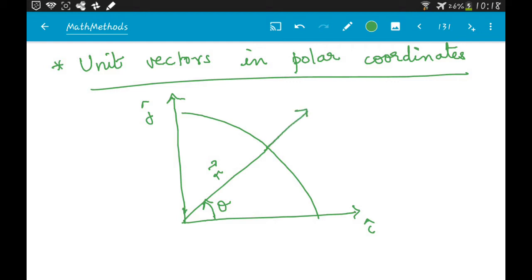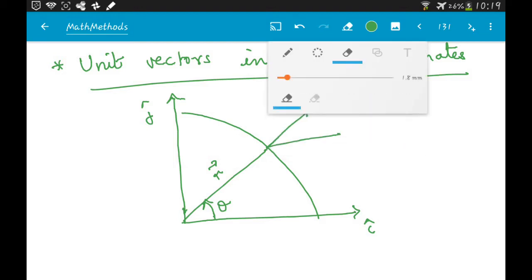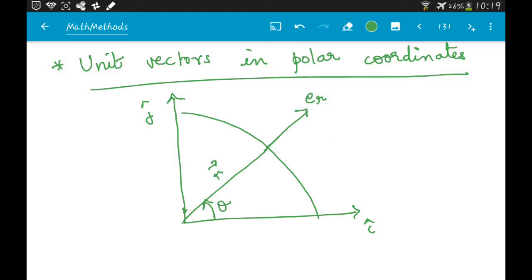This is going to become our basis vector ER, and we are doing the same thing here. This is the same as theta because this is parallel to this and you have the same angle subtending here.